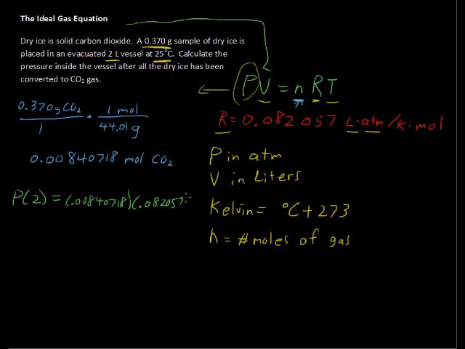That's the constant that we'll use, and then multiplied by the temperature. That's the temperature in Celsius, 25, plus 273, so for a temperature in Kelvin. And I've just continued that line right down here.